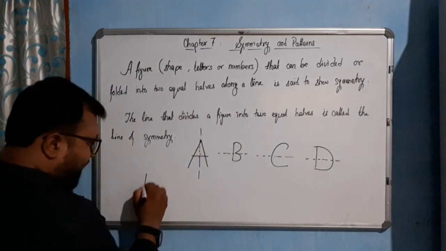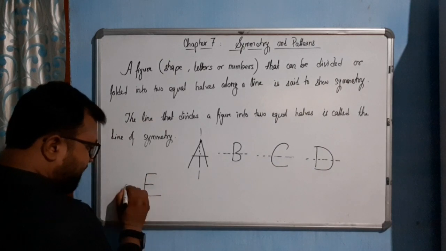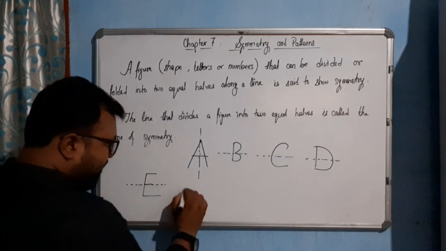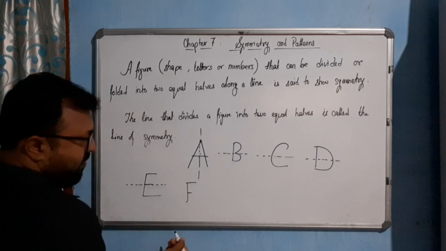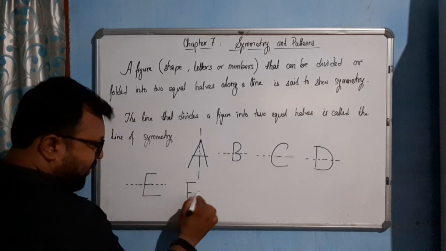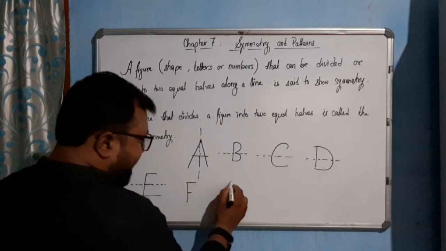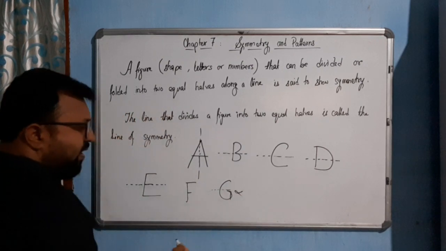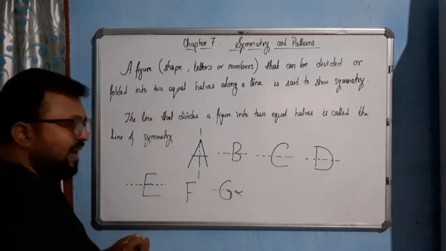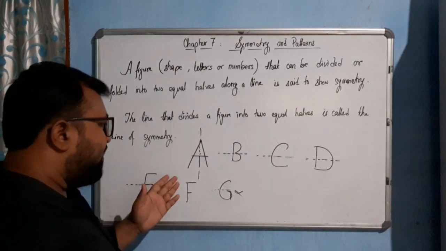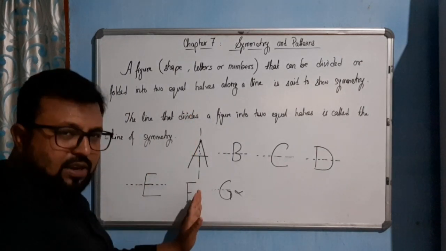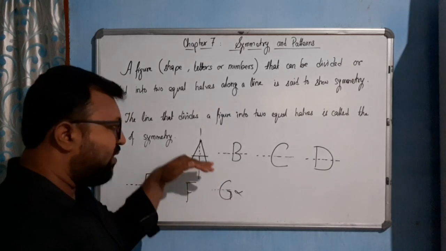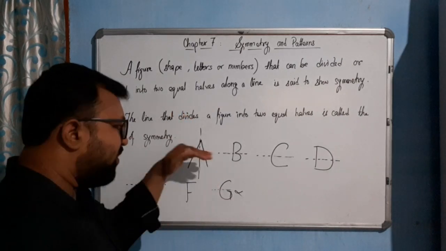For E, only a horizontal line of symmetry. For F, there is no line of symmetry, because if you try to draw in this way or in this way, you will not get any symmetry. Like G, for G also no line of symmetry. So in this way you can find how many letters have a horizontal line of symmetry, or a vertical line of symmetry.